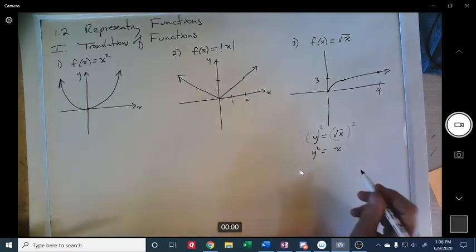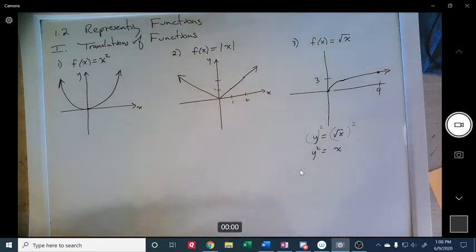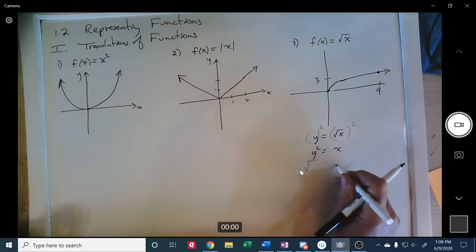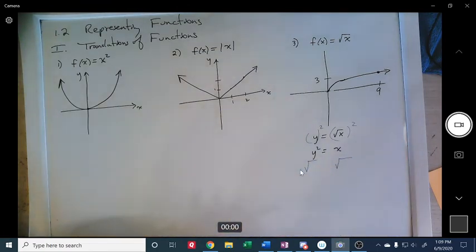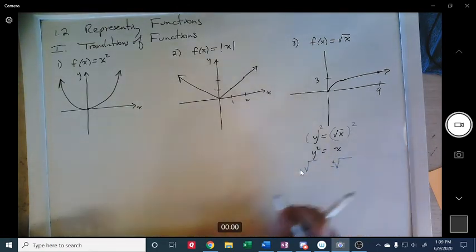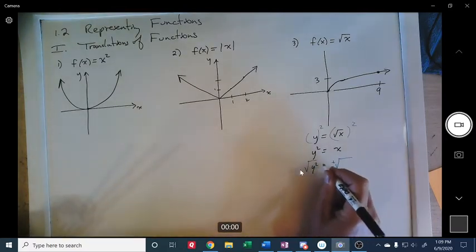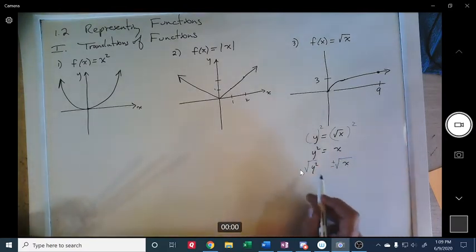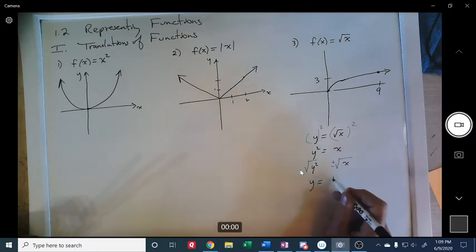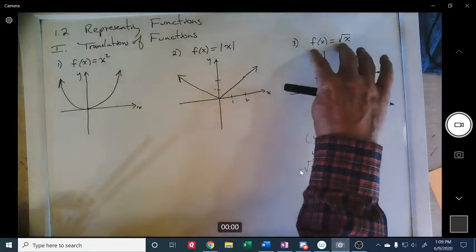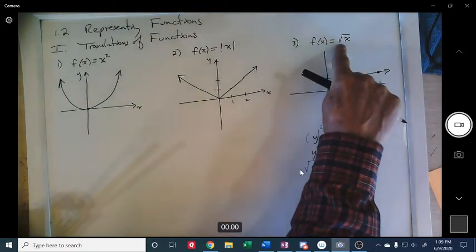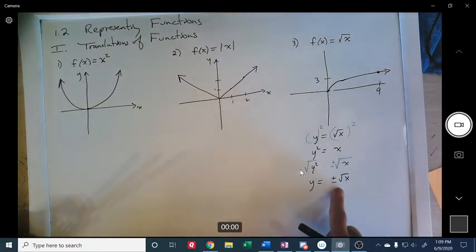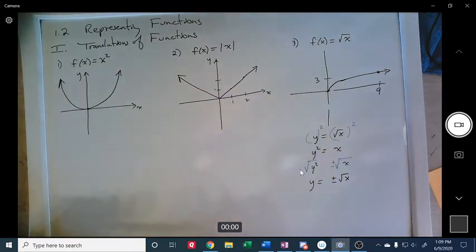And if you had started with something like this, and you had square rooted both sides, remember when you square root both sides, you're supposed to insert a plus or minus sign. And then this would give you y equals plus or minus the square root of x. And you see, this was just the plus part was chosen and not the minus part. The minus part could have been chosen and it would have given you the lower half of that sideways parabola.